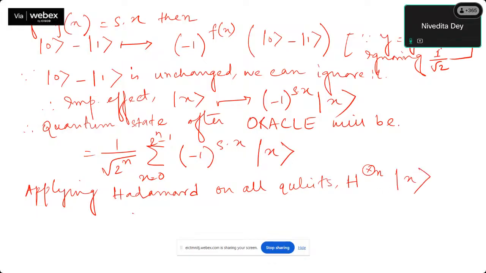After that it will be 1 by root over 2 to the power n, then the sum over y equal to 0 to 2 to the power n minus 1, minus 1 to the power x·y, times ket y.